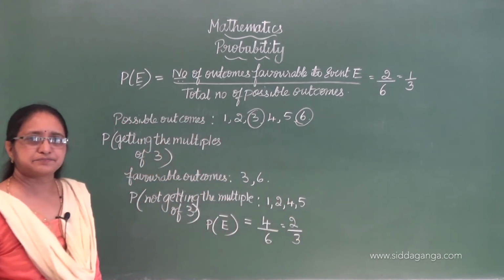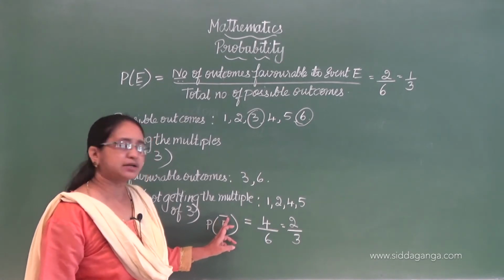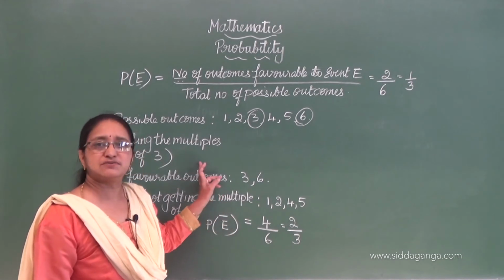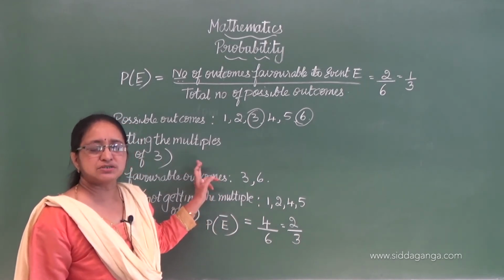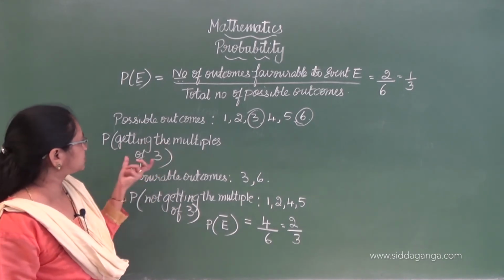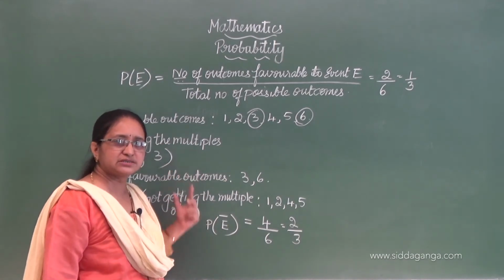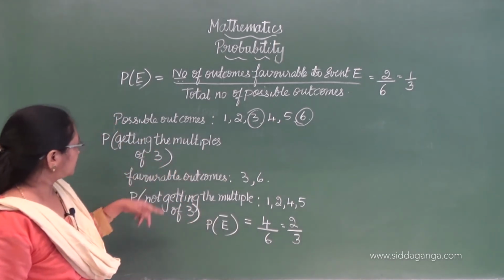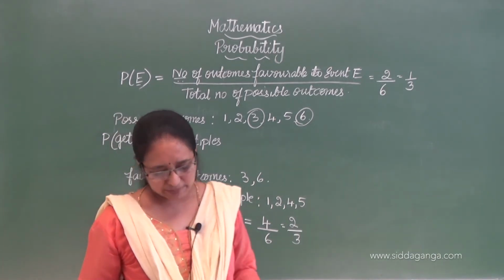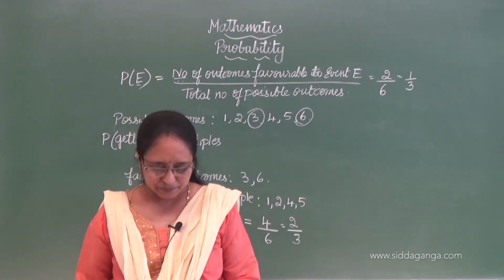This E dash, E bar, is nothing but the complement of this event. I hope you understood the meaning of complement. Means other than this: getting the multiples of 3, not getting the multiples of 3. These are the complement of each other, and we represent it as E dash or E bar.